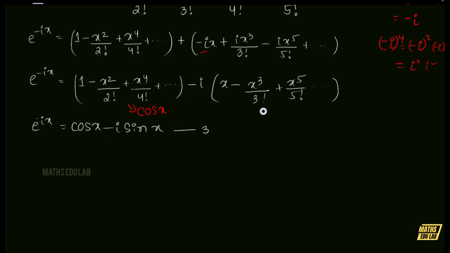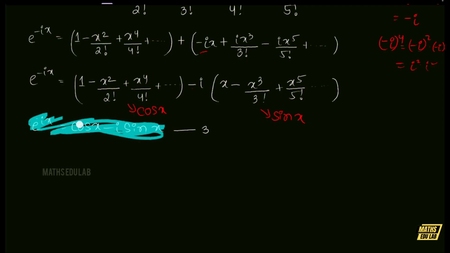So this is our sin x value, and I can write it as cos x minus i sin x. This is one of the identities we can use in the proof sums of hyperbolic functions.